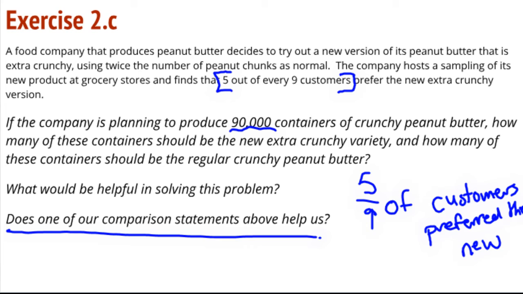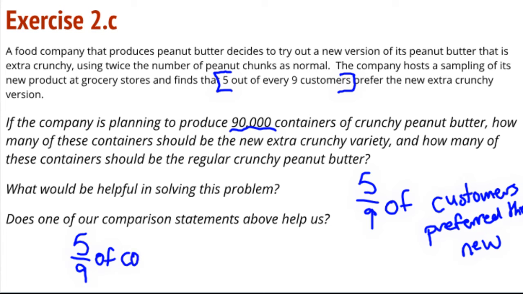So wouldn't we want to have 5/9 of the containers to be the new extra crunchy? And couldn't we take the actual number of containers, 5/9 of 90,000, and find out that that is how many of the new extra crunchy we should produce?